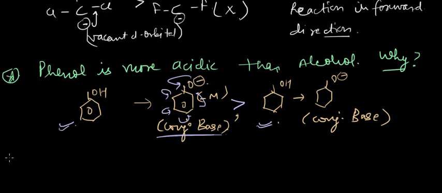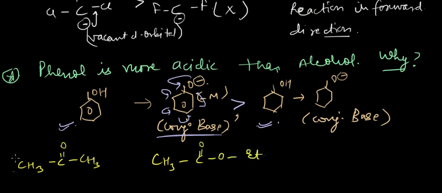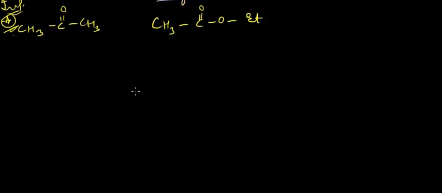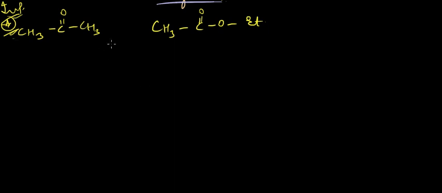Let us look into this example wherein we have something like this. We need to compare the acidic strength of this with the acidic strength of this. This is an important example. So we got to know that the acidic strength of ketone is greater than the acidic strength of ester.